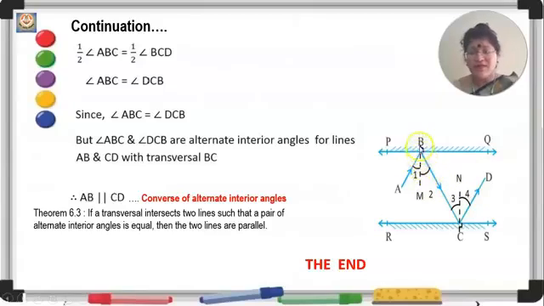Now, this BM is parallel to CN. Therefore, 2 will be congruent to 3. And if 2 is congruent to 3, then this entire angle will be congruent to this entire angle because of this statement. And that is how you go about proving this.